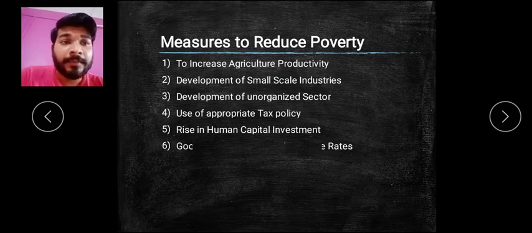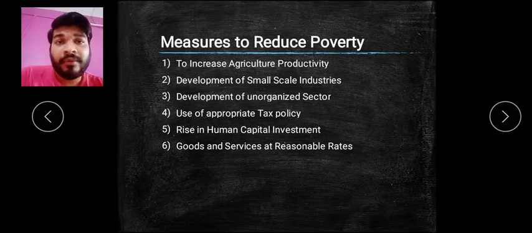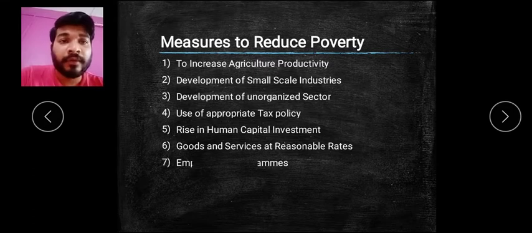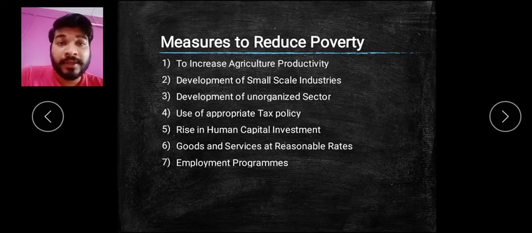Then goods and services at reasonable prices: how we can make our goods and services cheaper, or reasonable, at a particular point of time. Then employment programs: the different programs made for employment. The government has made plenty of programs, which we are going to study under the seventh point.